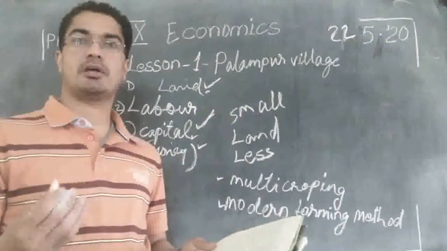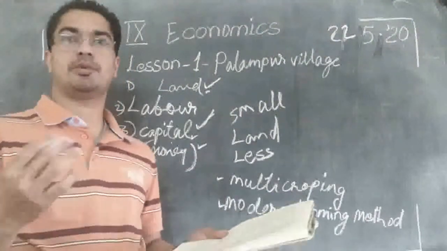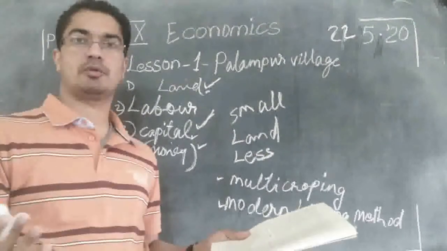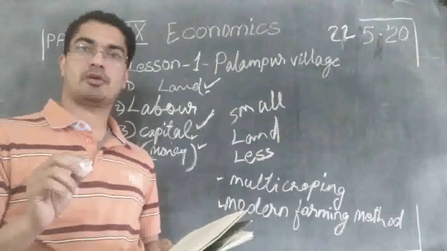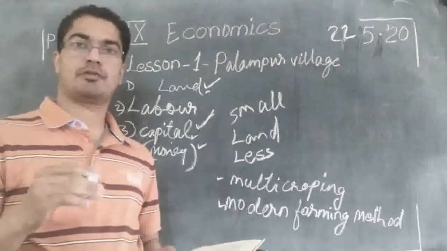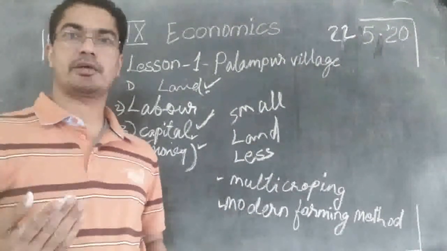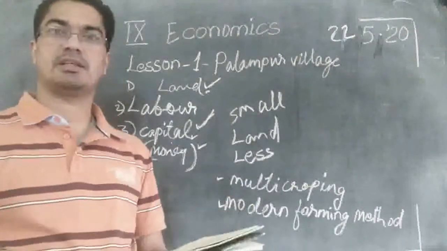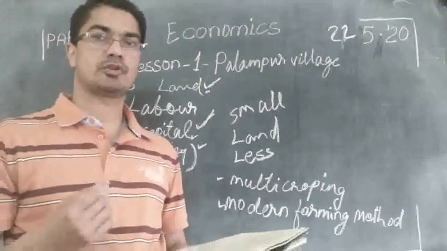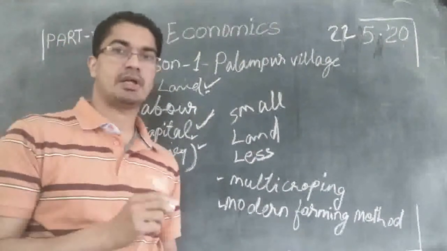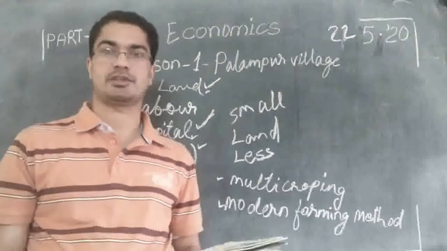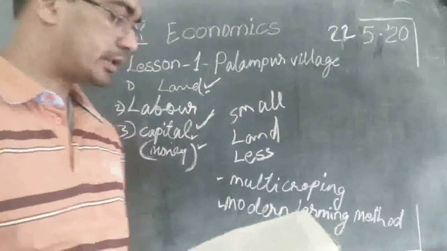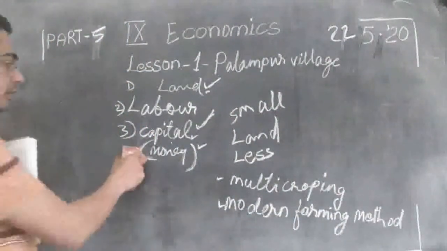If you are simply putting pesticides and fertilizers, then the quality of the land will go down. It will not produce much. So we need to protect it from soil erosion and from throwing waste or plastic in the land. We have to reduce all that. Otherwise, this good soil will be destroyed. So that is about the third factor called capital.